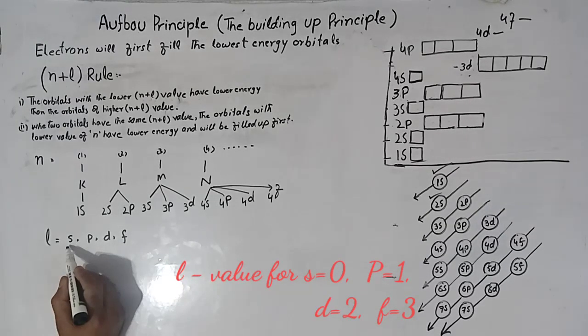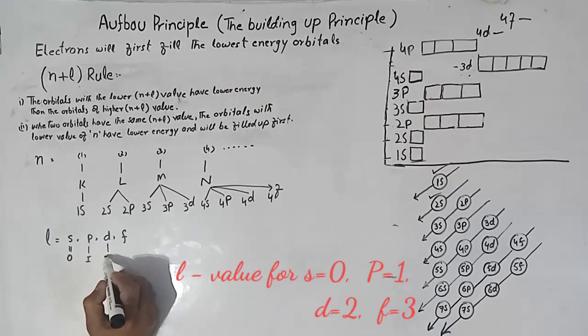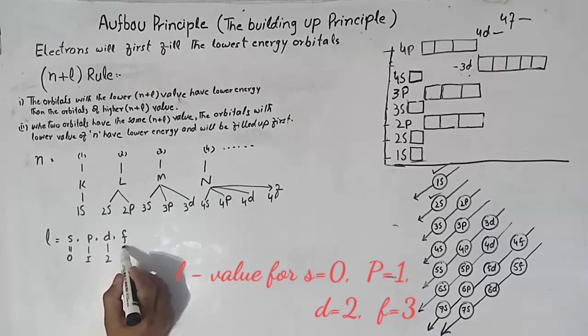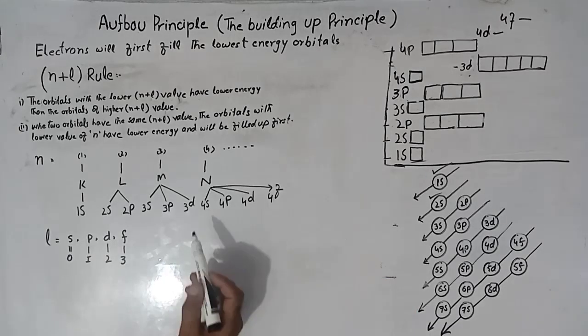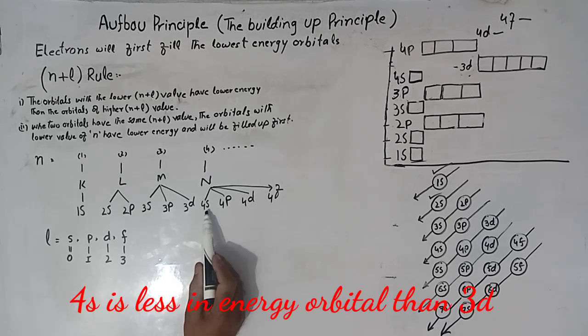For s, its value is 0, for p its value is 1, for d 2, for f 3. This should be clear to you that 4s is less in energy than 3d.